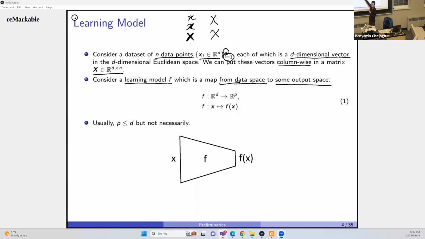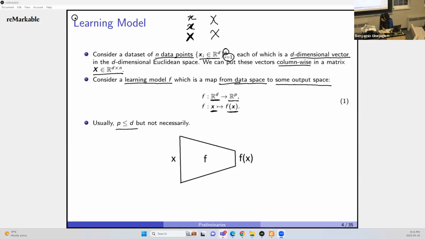And we draw it in this way. F goes from R^D to R^P. So D is the dimensionality of data, P is the dimensionality of output. P might be 1. We can also see it as a map from X to F of X. Right? Usually, not always, P is less than or equal to D, but not necessarily.